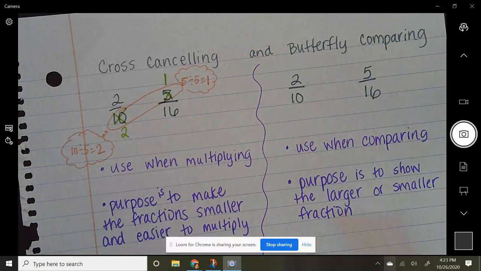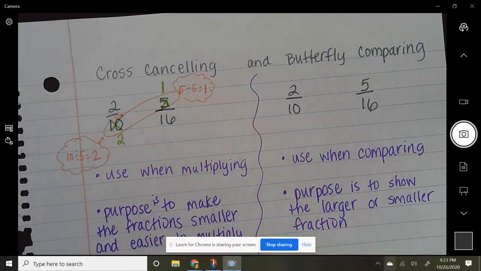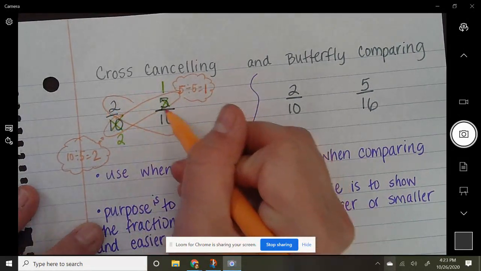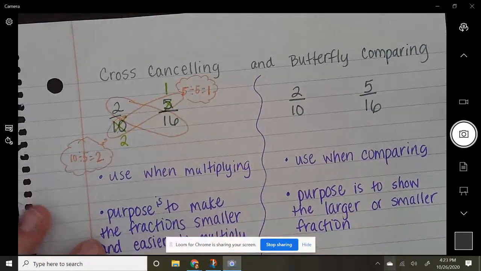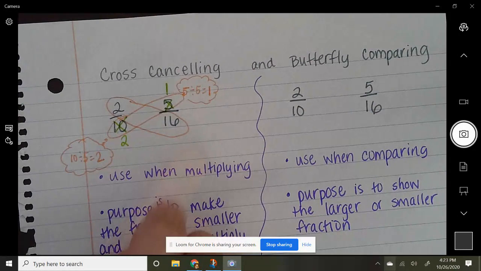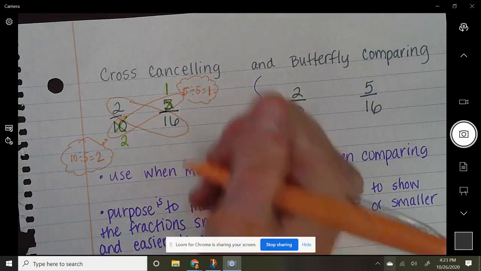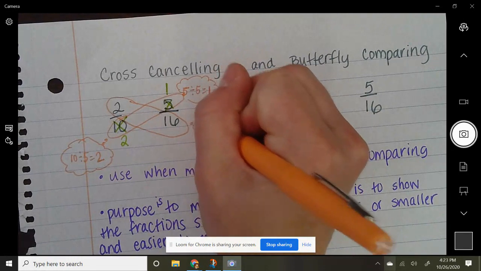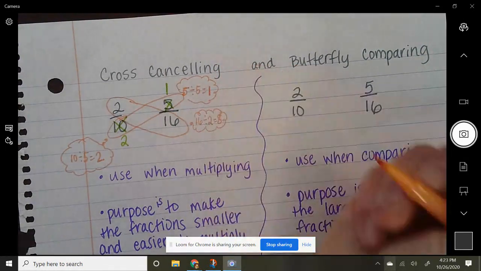So I'm still going across. The next thing you do is you look at the other side and you're asking yourself, do they share a common factor? Well, right away I notice they're both even, so I know for sure I can divide them both by 2. So in my thinking brain, I am saying 16 divided by 2 equals 8.